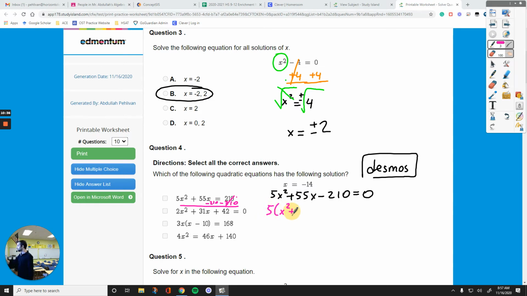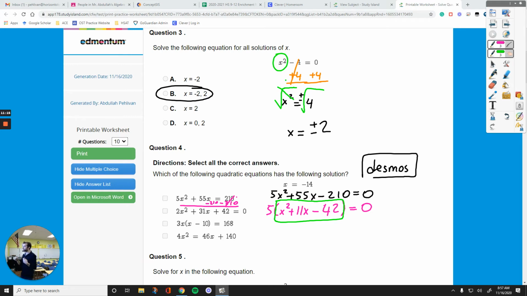X squared plus 11x minus 42 equals 0. Okay, now I am going to factor this part out, because that's the quadratic. I cannot forget about that 5 that is outside of the parentheses. I cannot forget about the rest of the equation, but the green part is what I need to factor out.